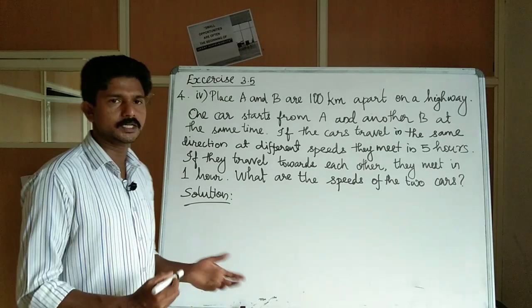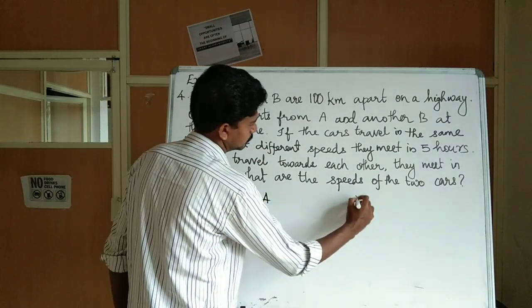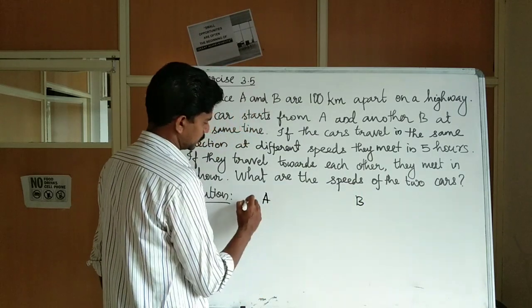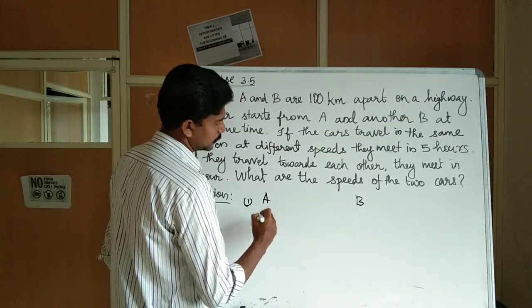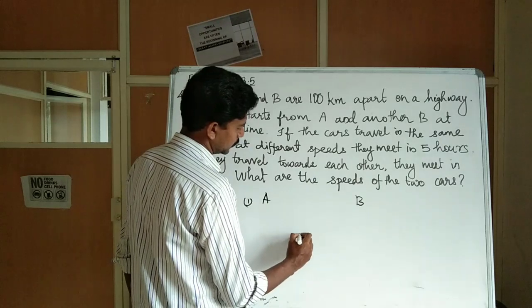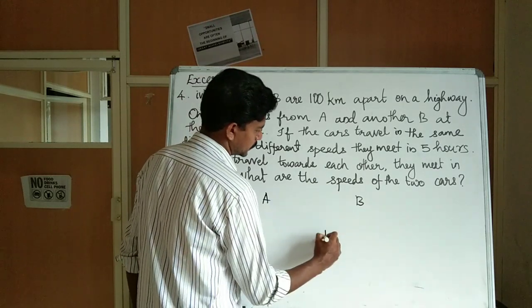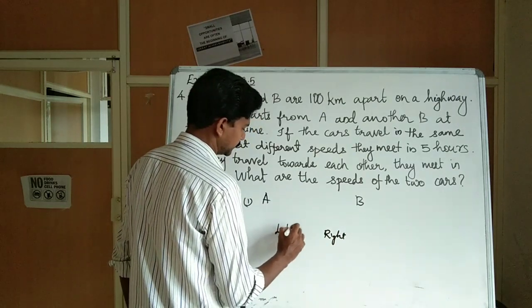So let us draw this as a picture to understand it a little better. There is a place A and place B. The first case is two cars traveling towards the same side.